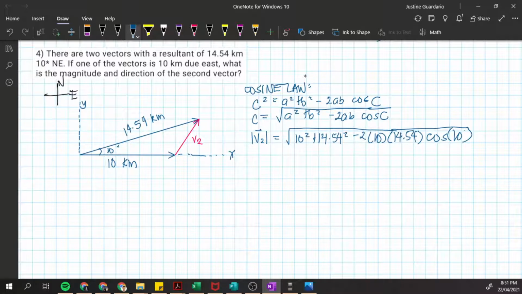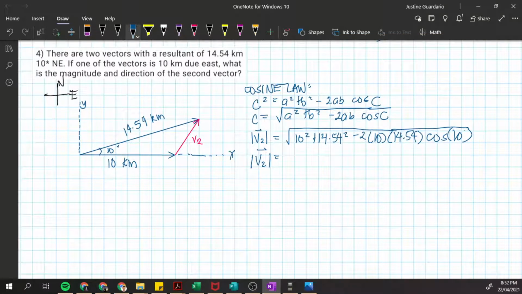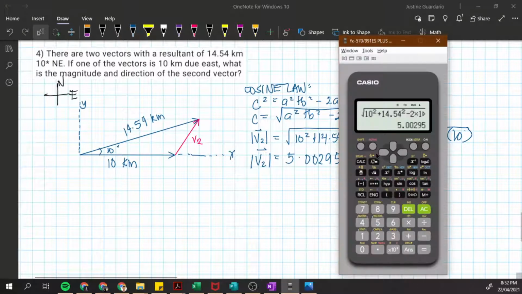Now we can solve that one to be the magnitude of our second vector as the square root ng 10 squared plus 14.54 squared minus 2 times 10 times 14.54 cosine 10 degrees as 5.00295 kilometers. So we can let that as the magnitude, and store lang natin siya, baka gamitin pa natin mamaya.